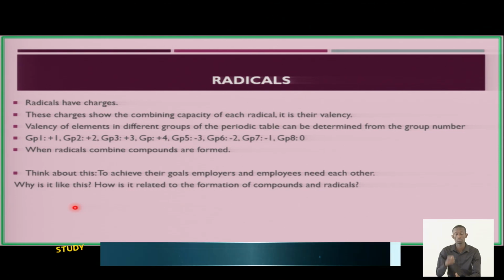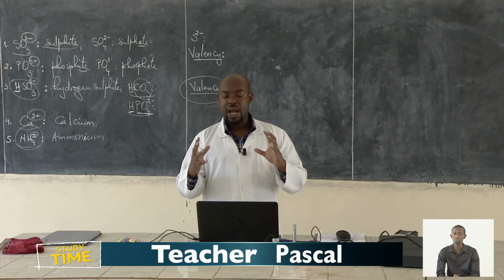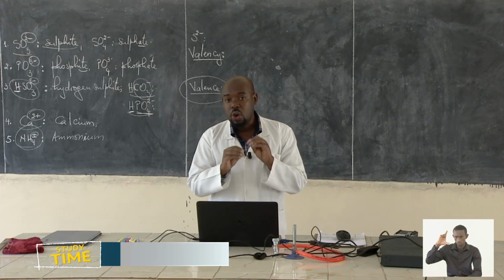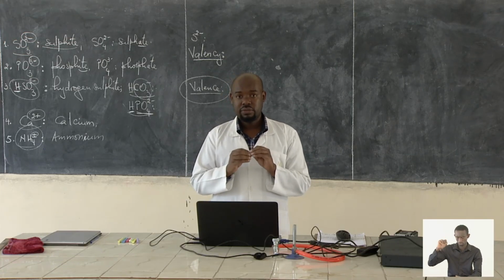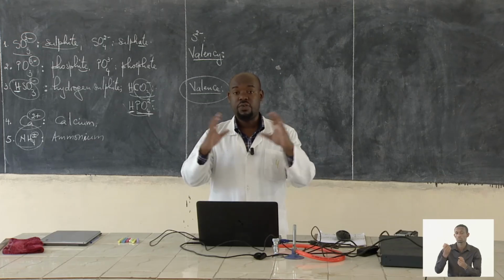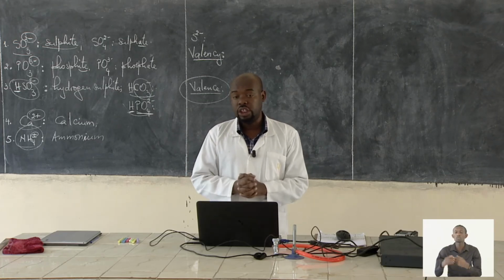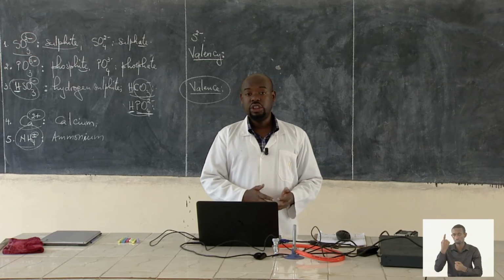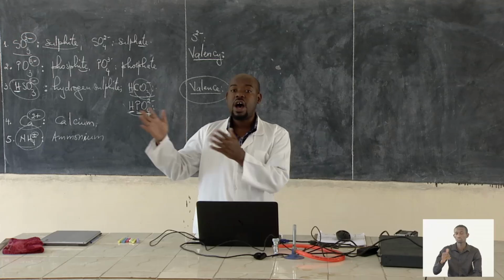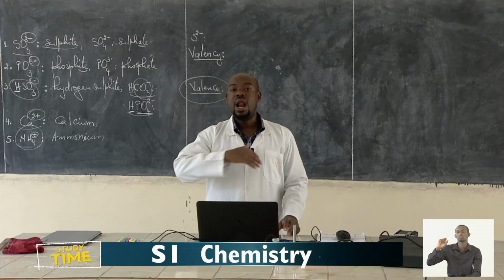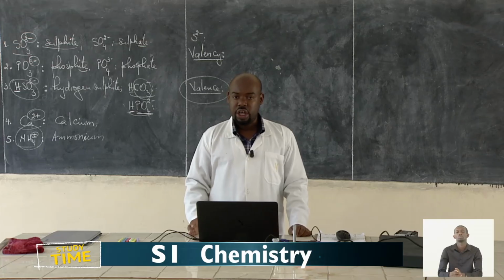Remember, we have seen that in atoms, we have electronic shells where the electrons are located, the different energy levels. Of course, we will have the first electronic shell, and as we go far from the nucleus, we will reach the last electronic shell.